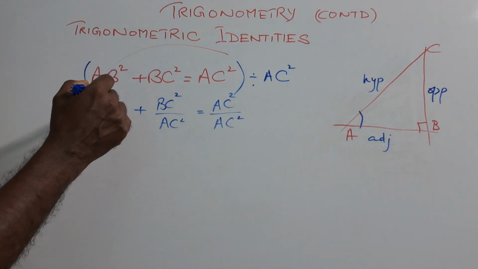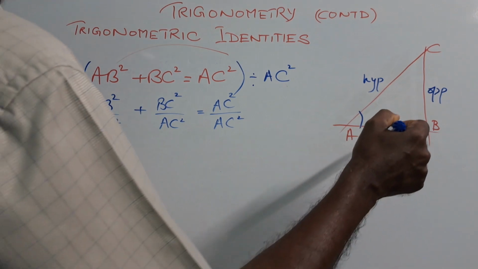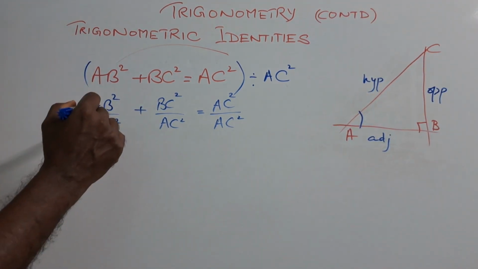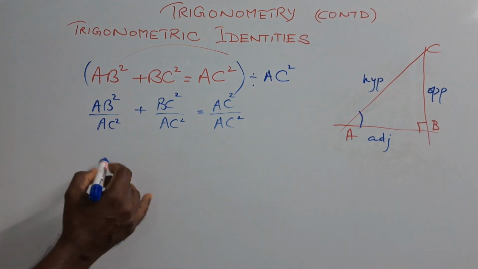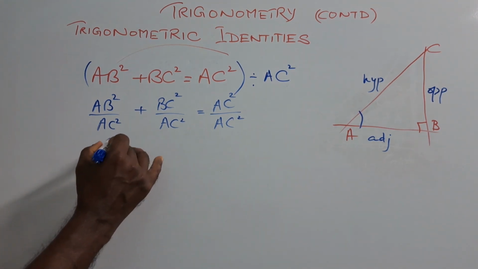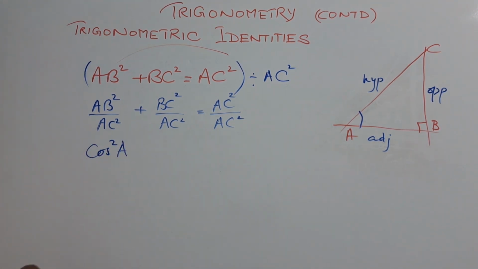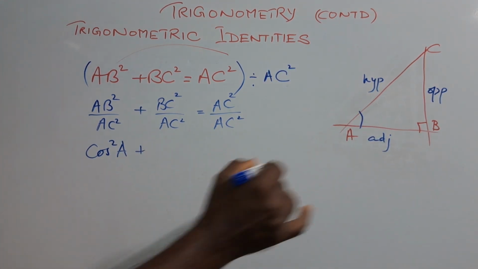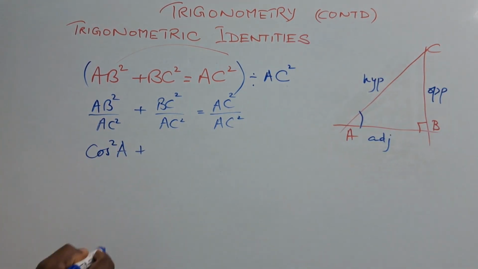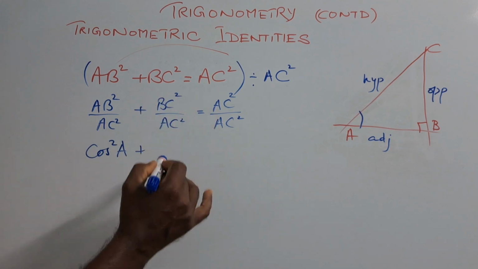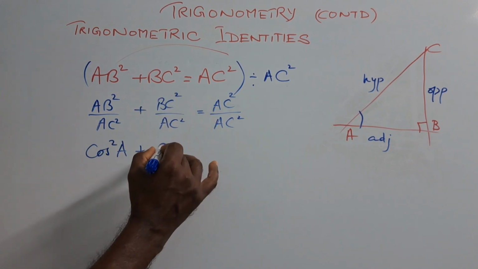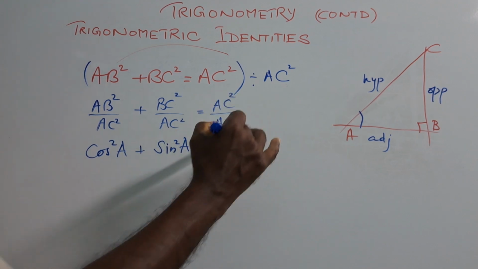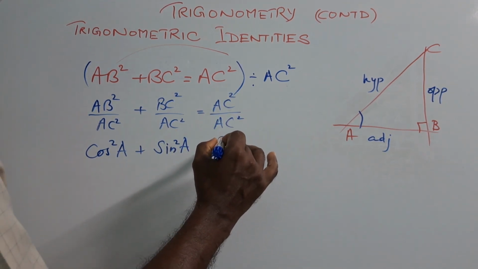Therefore, AB by AC is adjacent by hypotenuse, that is cos. AB square by AC square is cos square A. Here we consider angle A. Plus opposite by hypotenuse is sine. Here squares, sine square A equals AC square by AC square is 1.